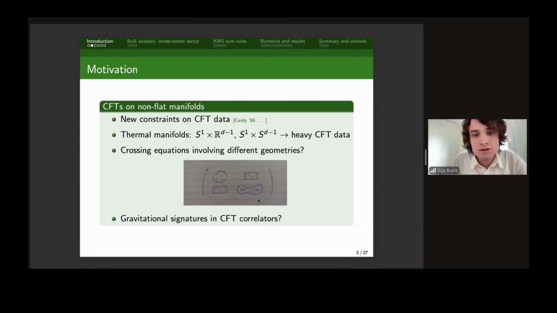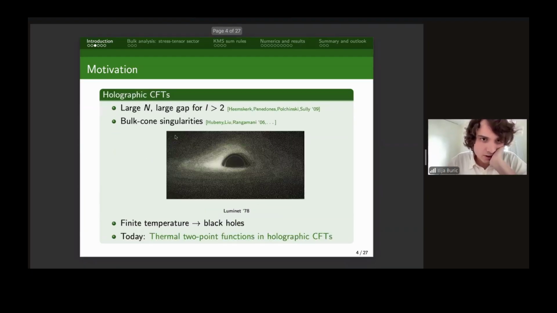And also, this is very general, but another parallel set of questions is what happens in conformal field theories that have sensible gravitational duals, and can we find some signatures of gravity in thermal correlators? And we know that there are some conditions on CFT in order to have a dual that resembles Einstein gravity. For example, it has to have a large number of degrees of freedom.